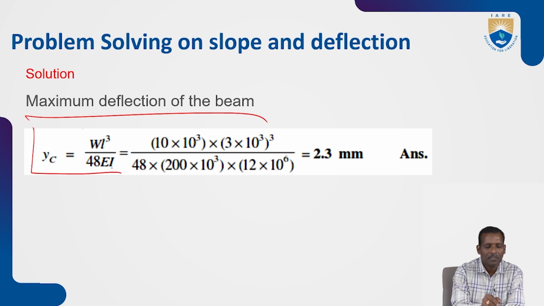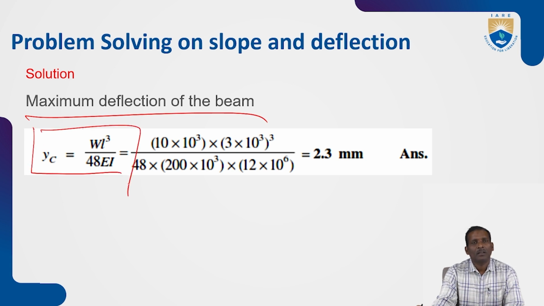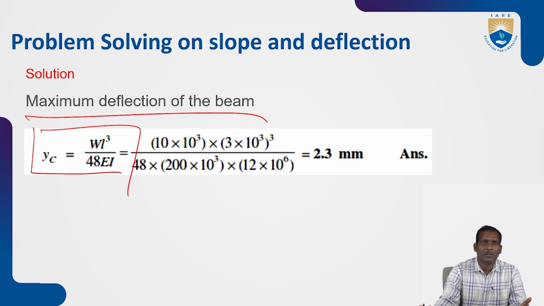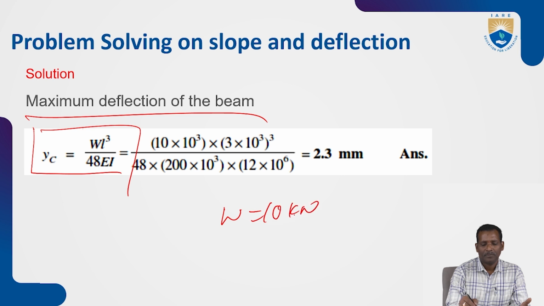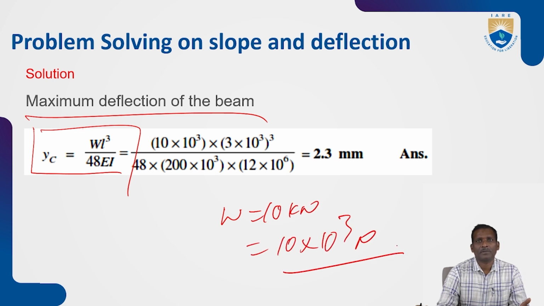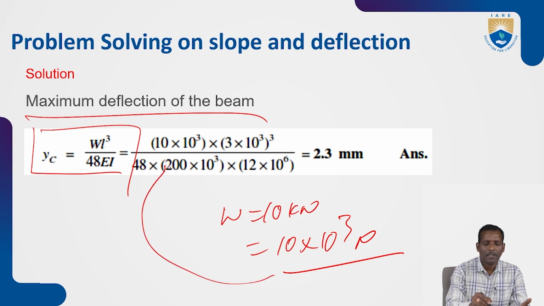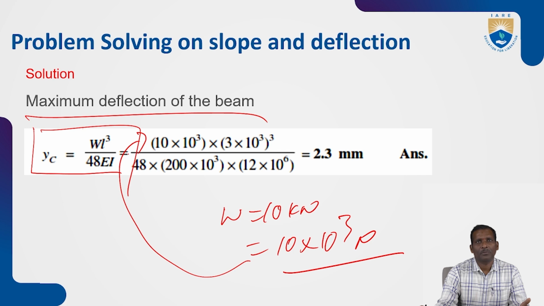So the deflection is WL cube by 48 EI. W is given as 10 into 10 cube, so W is 10 kilonewtons. Convert into newtons, that's why I substituted 10 into 10 cube.